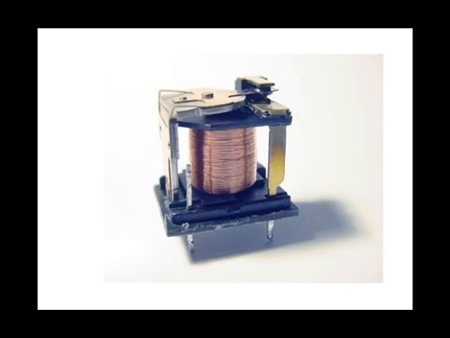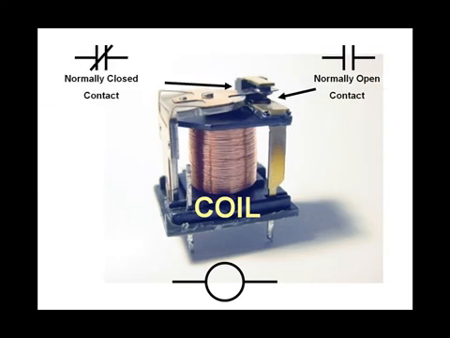A normally closed contact is true if the relay is de-energized, and false if the relay is energized. A normally open contact is true if the relay is energized, and false if the relay is de-energized. If this is not clear to you yet, hang in there. It will become clear as we continue.